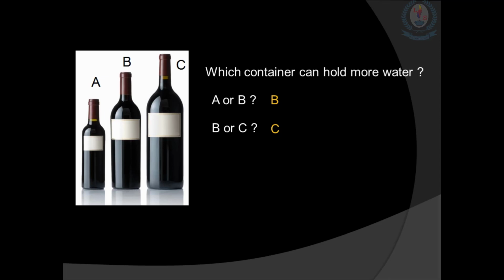From these 3 containers, container C can hold more water than the other containers. So we can say container C has the greatest capacity.